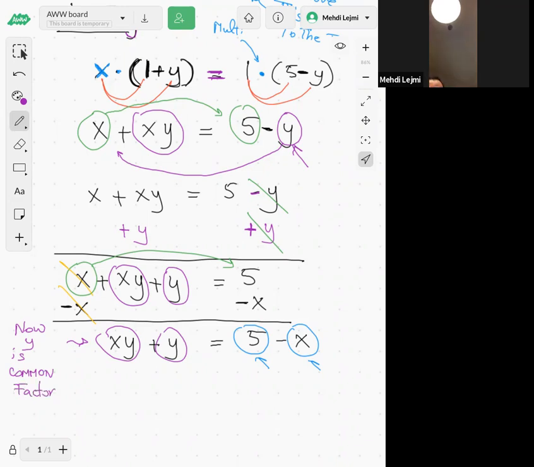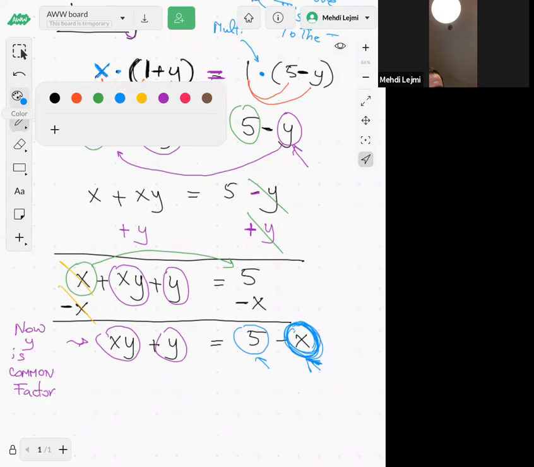That's why I moved this x here to the right side, because there's no y here. If there's no y, I cannot really factor out y. That's why I moved the x to the right side, because there's no y in x. So now y is a common factor, so I can factor out the y on the left side.